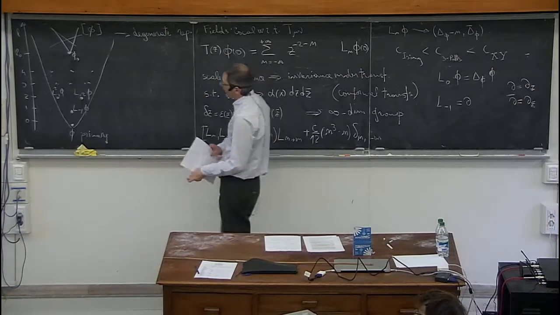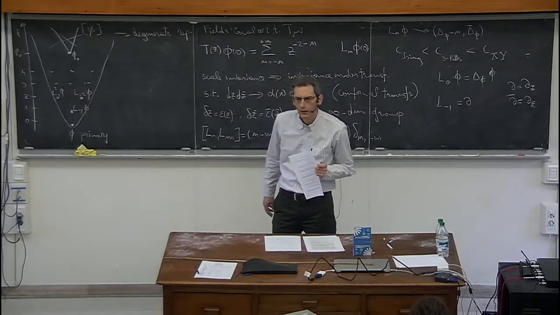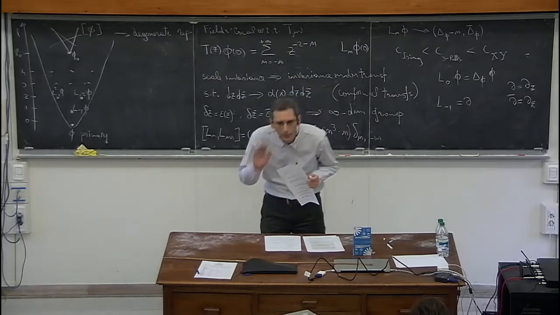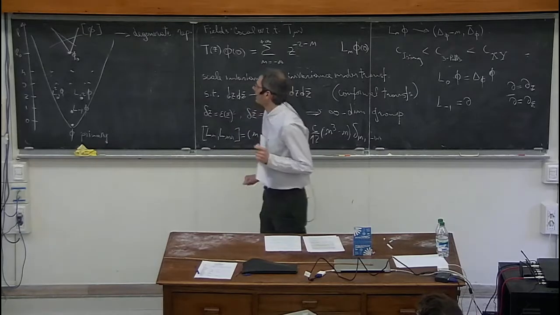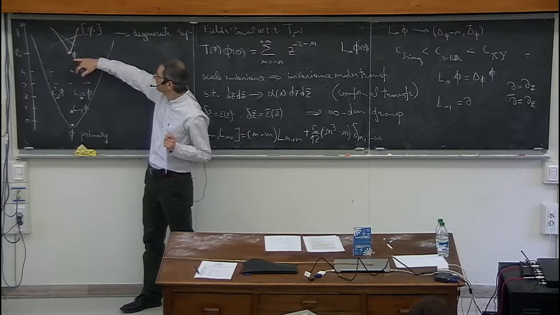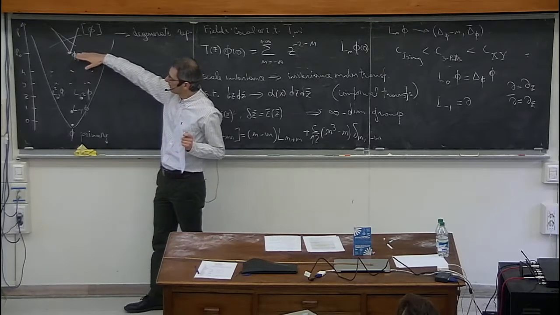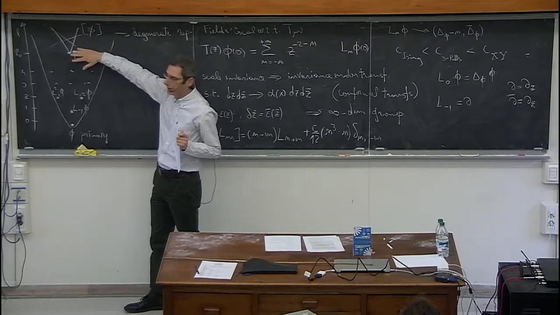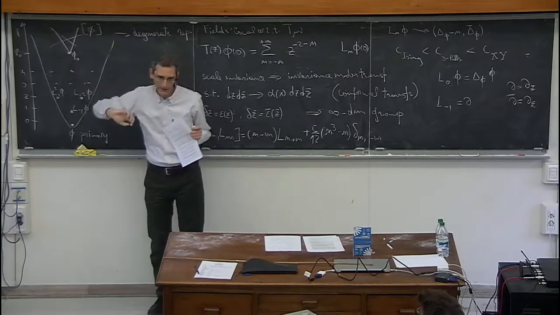And the primary here, yeah. Excuse me? You get the irreducible representation factoring out this piece, which essentially means that you set this to 0. This is called, in the representation theory, the null vector. So this kills this field and all the descendants.